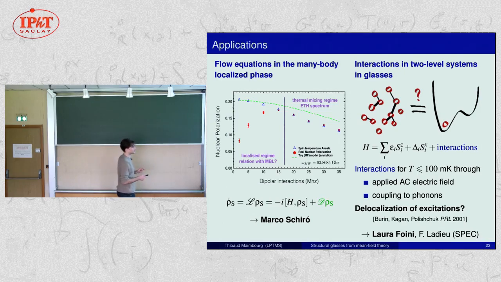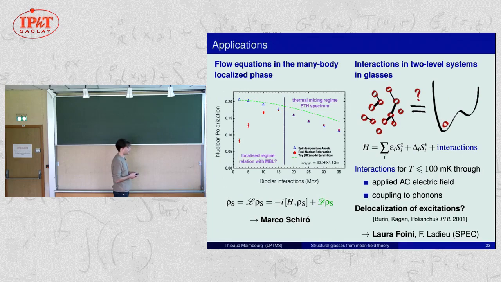Those defects act as effective two-level systems, which have disordered parameters. This model is very successful to account for some features at low temperature, but around 100 millikelvin there are discrepancies in the model which are likely due to interactions between the two-level systems.